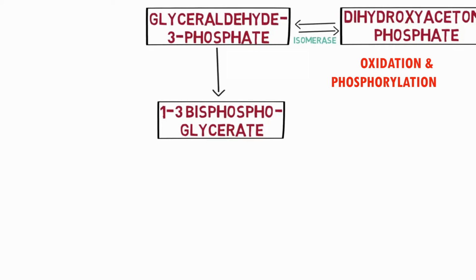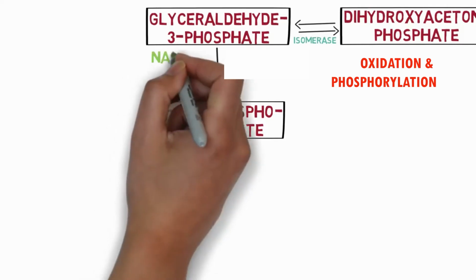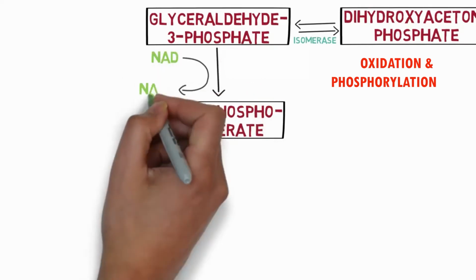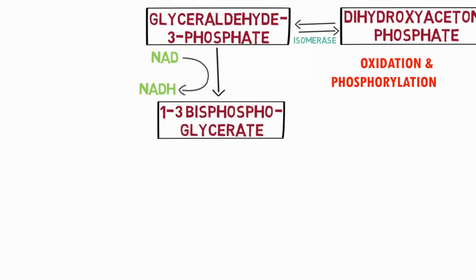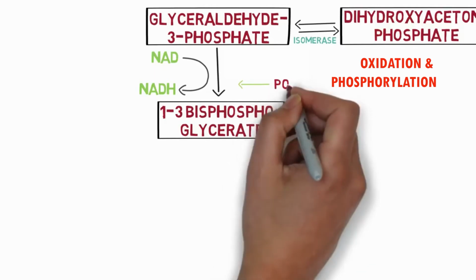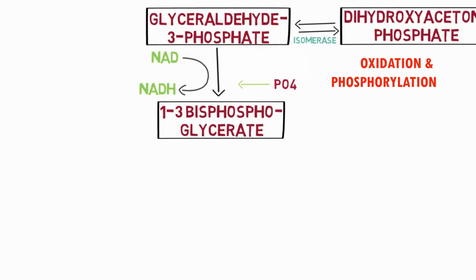During oxidation of glyceraldehyde 3-phosphate, the coenzyme NAD+ is reduced into NADH plus H+. Next, the energy released from this exergonic redox reaction will be used for phosphorylation, where a molecule of inorganic phosphate present in the cytosol will be attached, forming 1,3-bisphosphoglycerate.